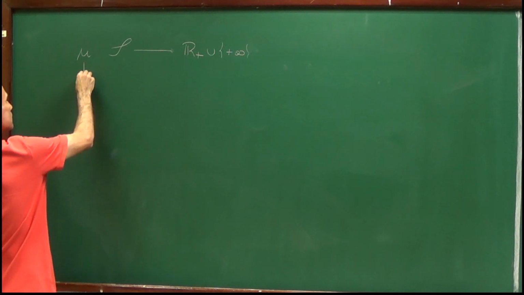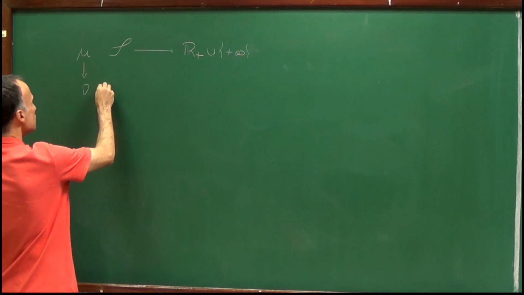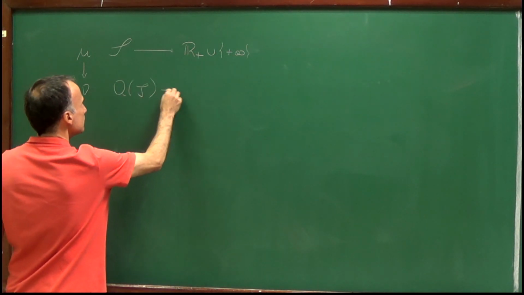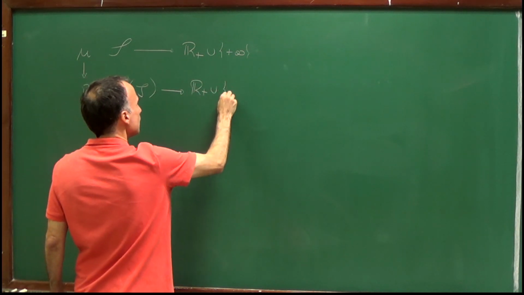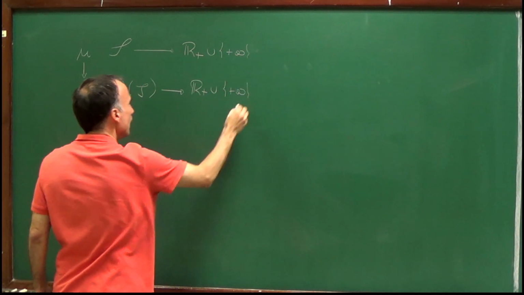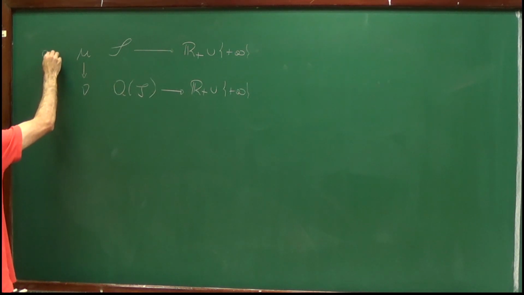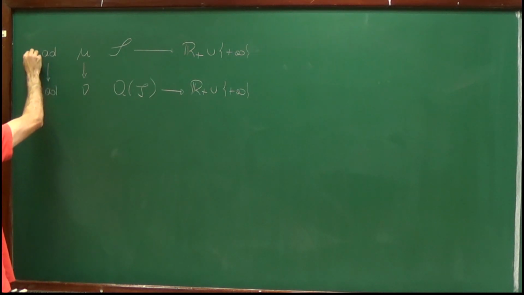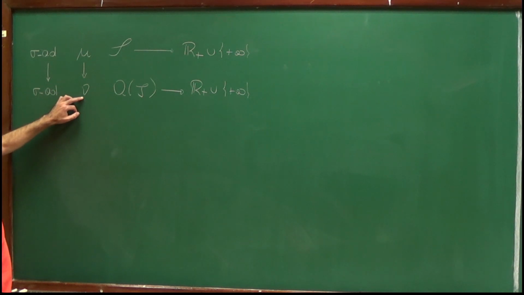So we extended this function to a function nu, which is defined on the algebra generated by the semi-algebra S. And we've seen that if mu was additive, then the extension was additive. If it was sigma additive, the extension was sigma additive, and that the extension is unique.